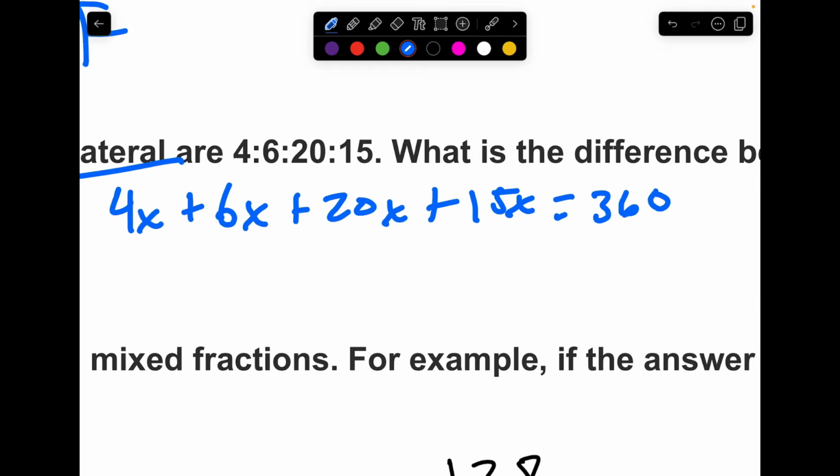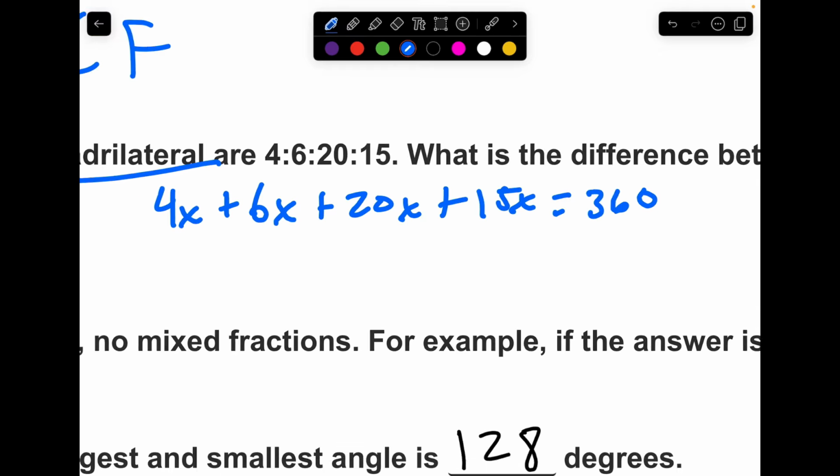The angles of a quadrilateral always add up to 360. So 20, 30, this would be 45x equals 360.